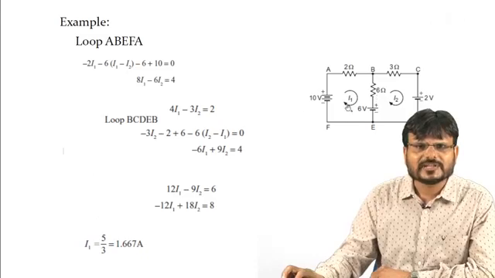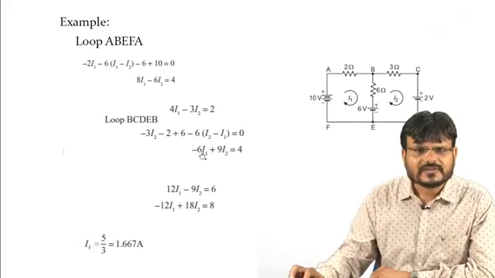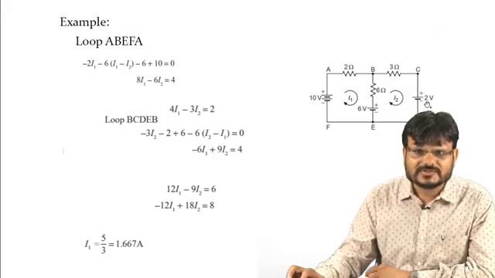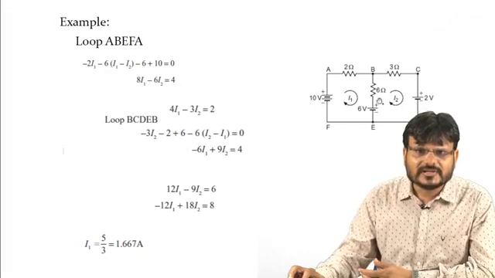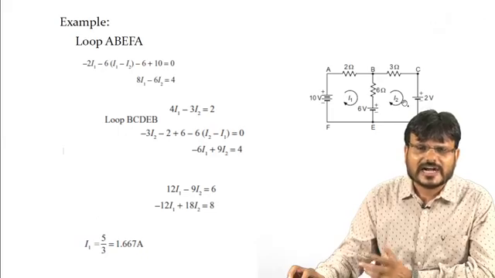Now just apply the KVL in B, C, D, E, B. Here you can see current I2 is flowing in this direction, so there is a drop, minus 3 into I2. Again there is a plus 2 minus, so it can be written as minus 2. In this particular branch, there is a 6 ohm resistance, and the net current is what? I2 minus I1.